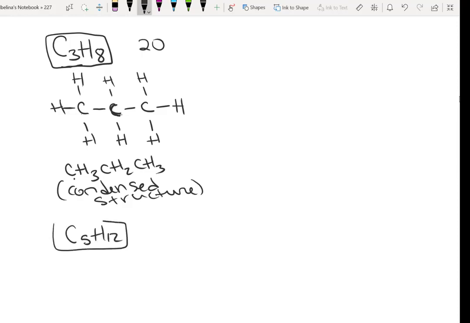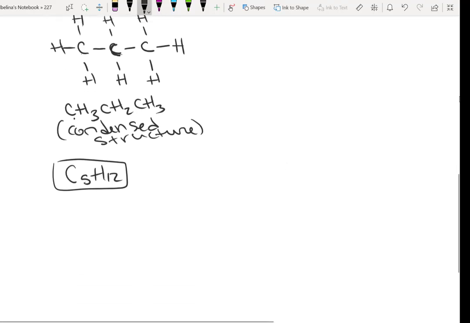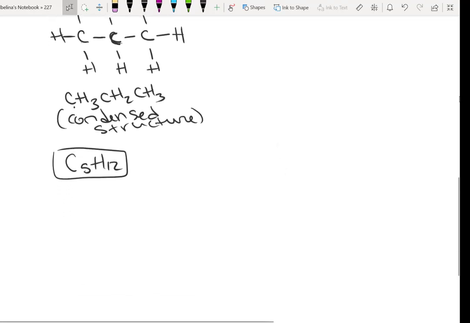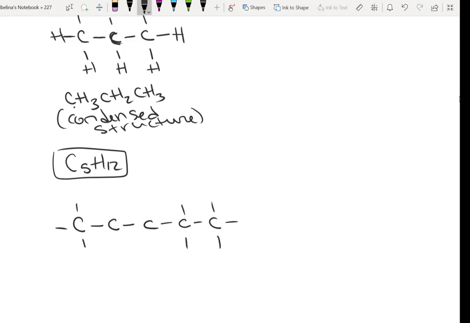So let's say we have C5H12. Okay, that's the formula. There's a couple of isomers with that formula. I can start just by taking all 5 carbons and making a chain. 1, 2, 3, 4, 5, and drawing enough bonds to satisfy the octet.